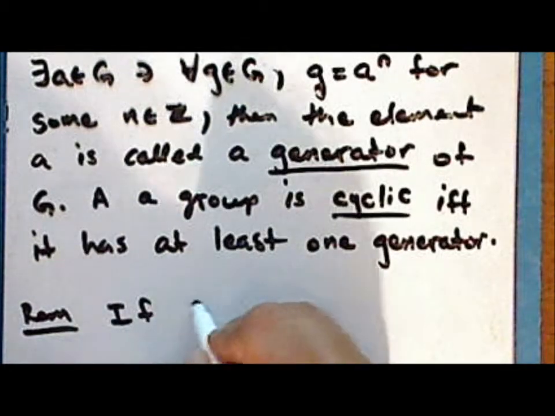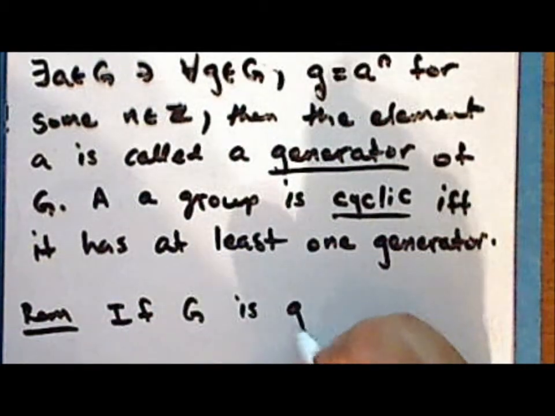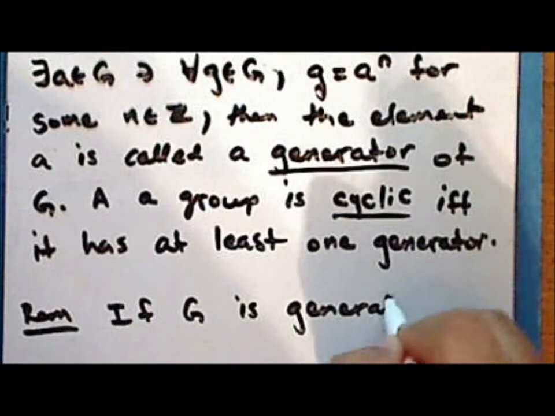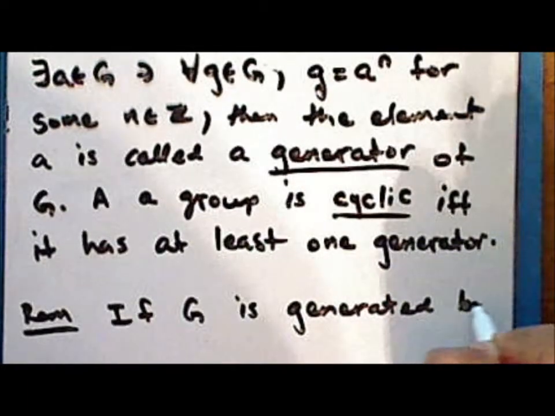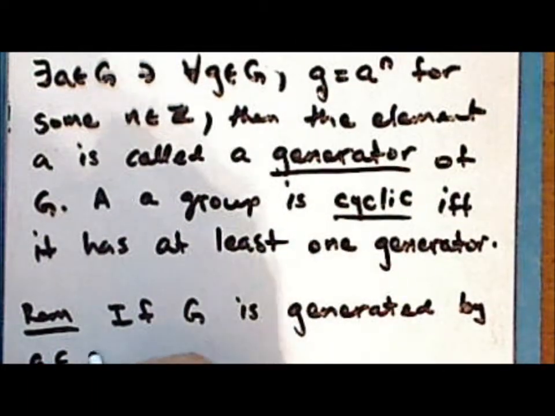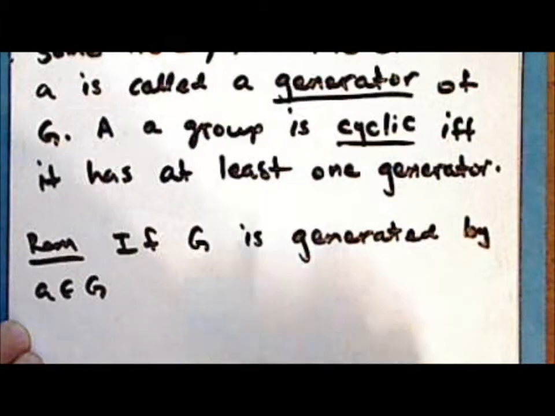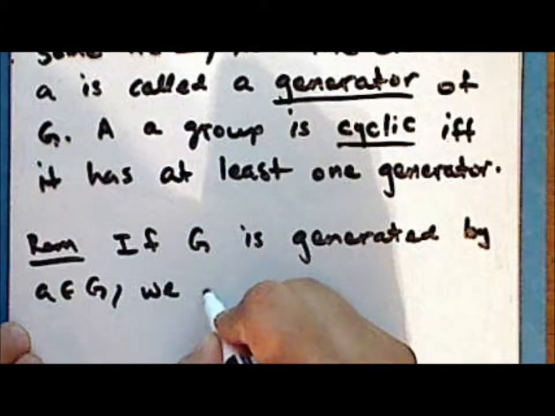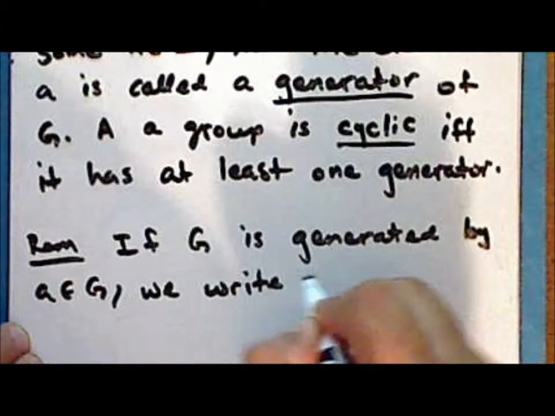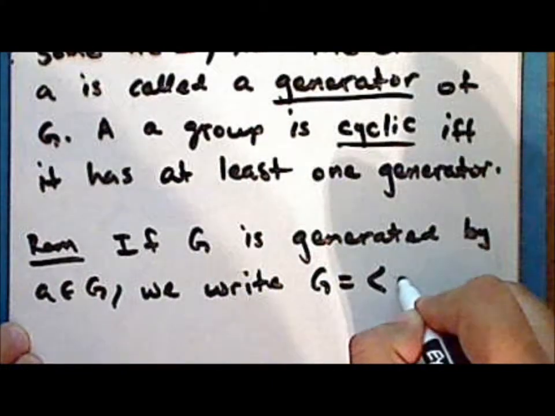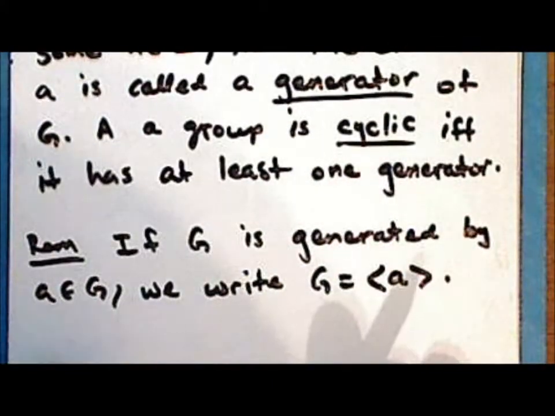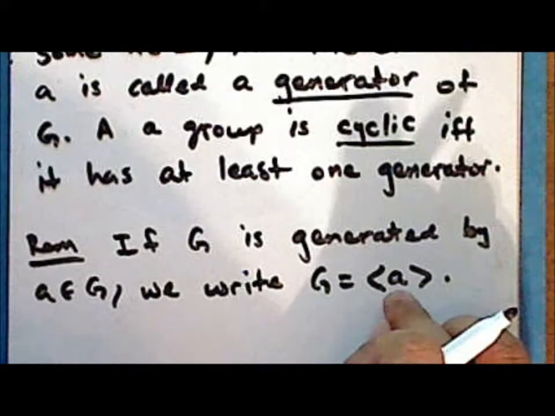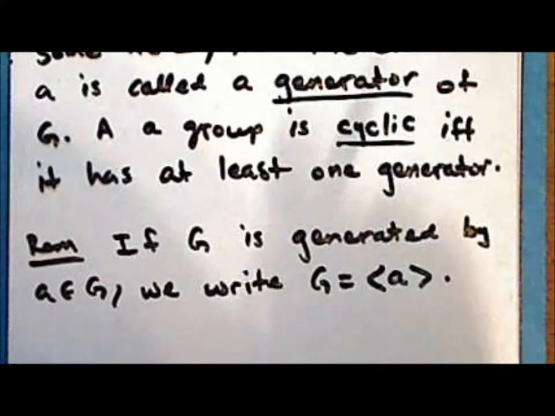Now, if the group G is generated by the element A in the group, we write that G is equal to the group generated by A, and we denote this by enclosing the element A in angular brackets.